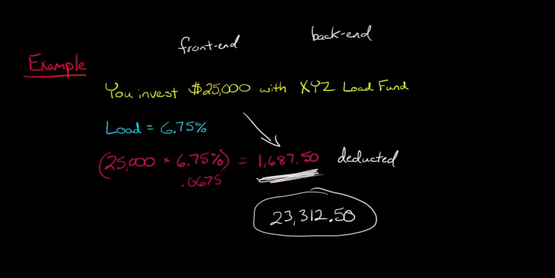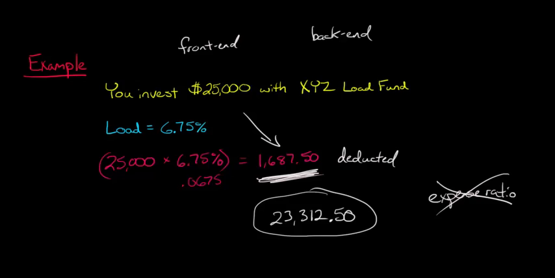In that fund, you've got $23,312.50. Now, you might be thinking, hey, I'm paying a manager to manage this fund, don't all funds have expenses? Yes, there's an expense ratio for every fund, and it could be 1.5% of the assets that are being managed by the manager. It could be really low if it's an index fund, but this is not part of the expense ratio.